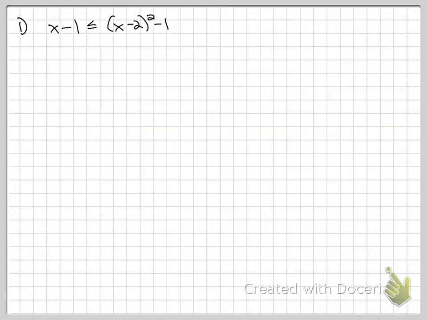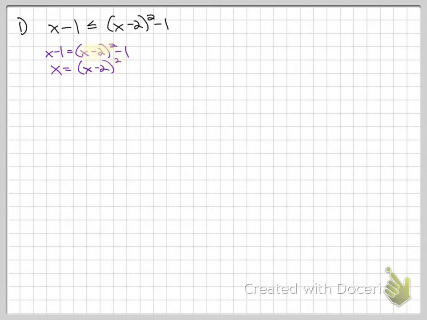Okay, so solving the inequality. Just like when we were solving them before, start with equal to. I see a quantity squared, so I'm going to want to get that alone first. Add the 1. Square rooting both sides will not do me any good because that's going to give me the square root of x, which I don't want.